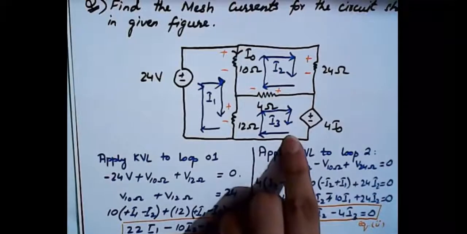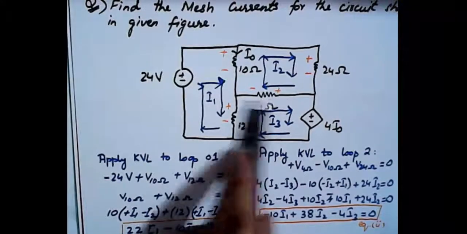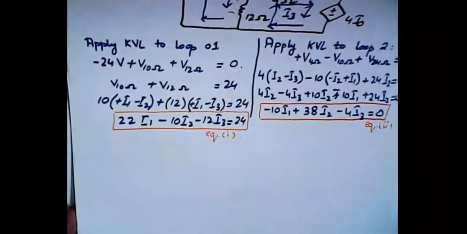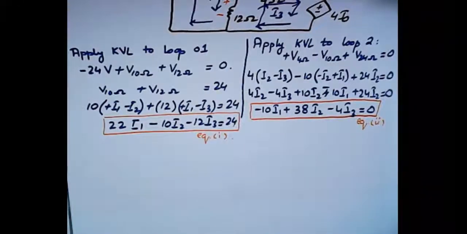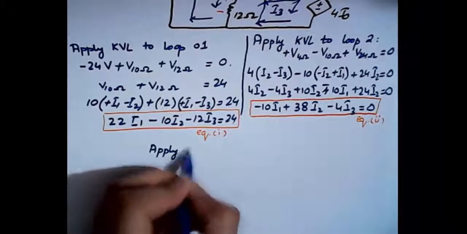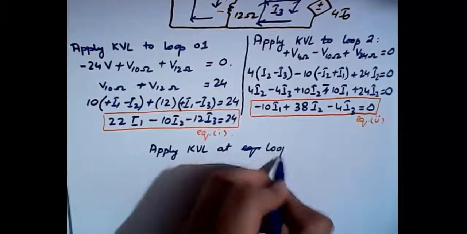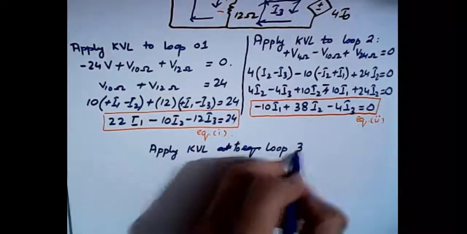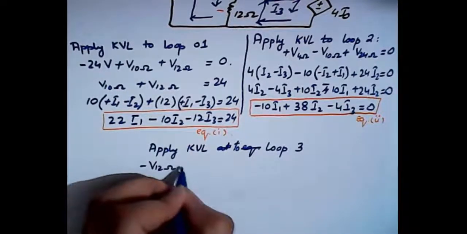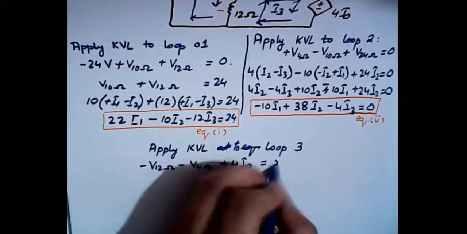If we start from this point, the polarities are already marked, so it will be minus V 12 ohms, then it will be minus V 4 ohms, plus 4 times I0 is equal to 0, right?